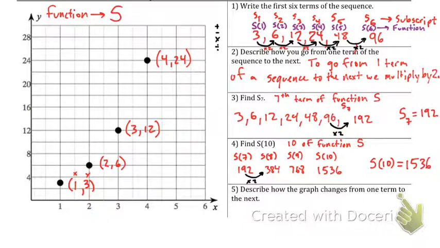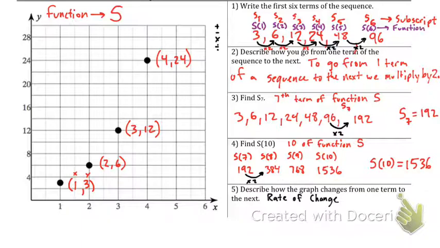So let's look at the graph. How does it change? Okay? So when we talk about graphs, we use a vocabulary word. When we talk about changing in a graph, we talk about rate of change.